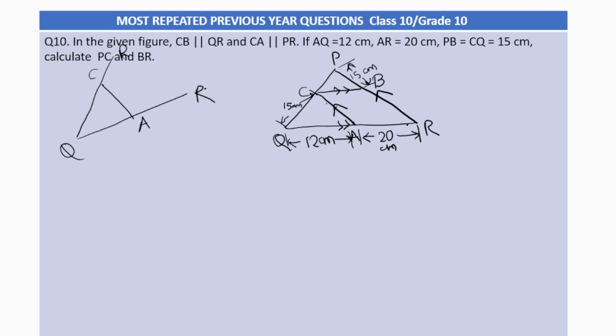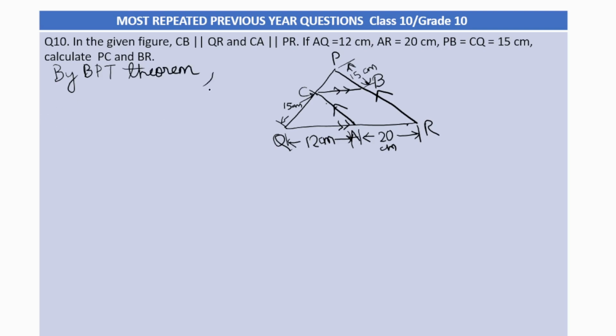So I'll erase this. And here we will calculate the values which have been asked for us to find out. By BPT theorem, we can also write Thales theorem, because these two theorems are one and the same. So you either write BPT theorem or write Thales theorem.